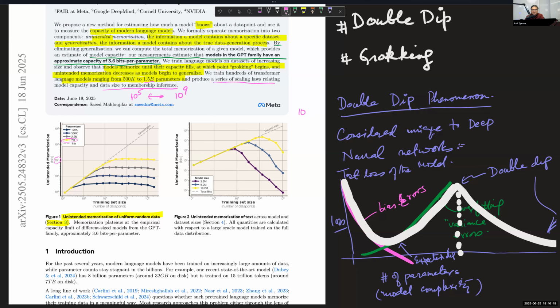So 10 to the 7, which is 10 million, divided by a model that is 7 million parameters, is approximately 3.6. So it's about 3.5, whatever it is. So basically it's claiming approximately 3.6 bits per parameter for all of them, between 3.4 and 3.8, I suppose, is the total capacity for it to memorize.